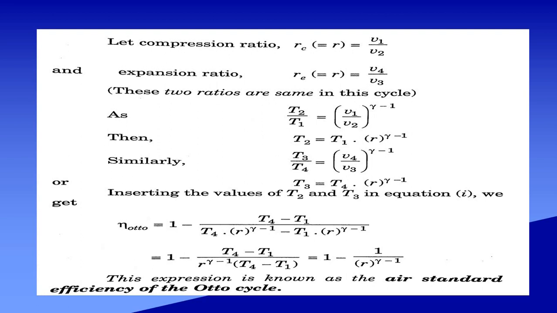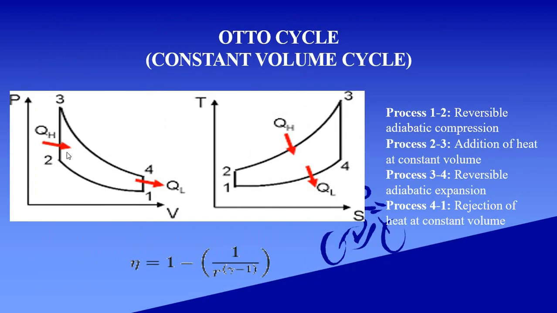So this is for process 1 to 2, and it changes for 2 to 3, 3 to 4, and 4 to 1. So based on the conditions, whether pressure is constant, temperature is constant, or volume is constant, we have to apply this PVT relation according to the conditions given in the process. So here you can see in this PV and TS diagram.